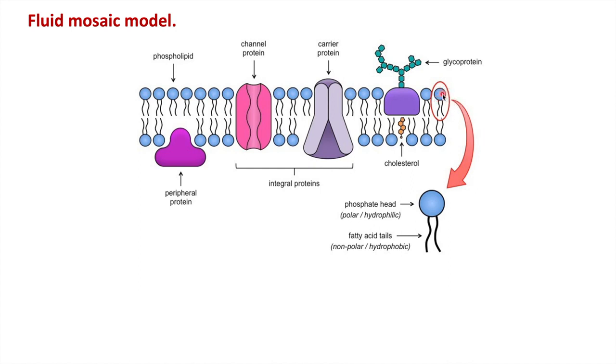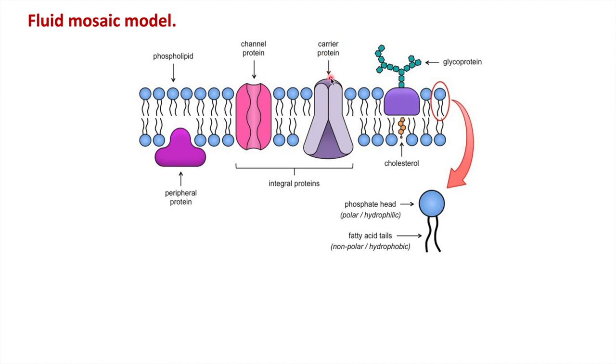Here you can see this is the phosphate head, which is polar in nature. This is a tail chain, which is non-polar in nature and is made up of fatty acids. Saturated hydrocarbons are present, and you can see cholesterol is also embedded between this phospholipid bilayer. Here you can see there is a carrier protein present.